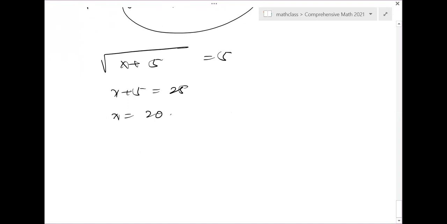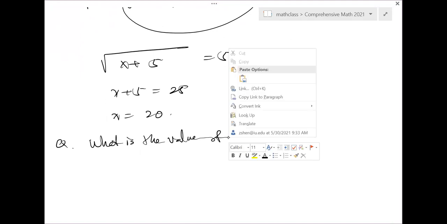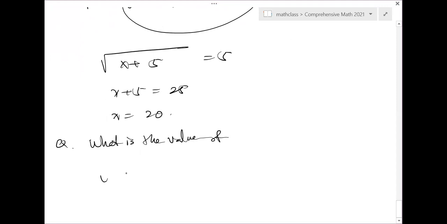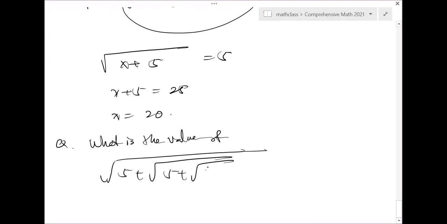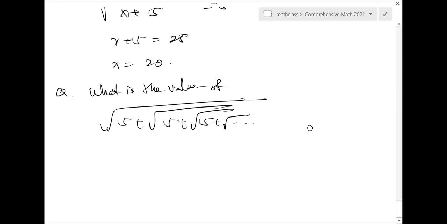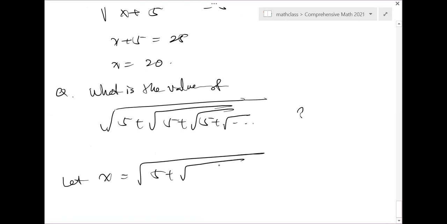Similar ideas can be used in the opposite way. For example, we will try to find out the value of this expression. I change x to, let's say, 5, with infinitely many radicals. It's the same idea. To solve this problem, you let x be that.